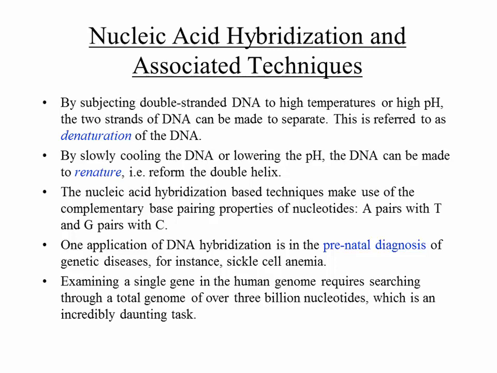Now, by subjecting double-stranded DNA to high temperatures or a high pH, the 2 strands of DNA can be made to separate. This is referred to as denaturation of the DNA. But by slowly cooling the DNA or lowering the pH, the DNA can be made to renature, that is, reform the double helix. Nucleic acid hybridization-based techniques make use of the complementary base pairing properties of the nucleotides.